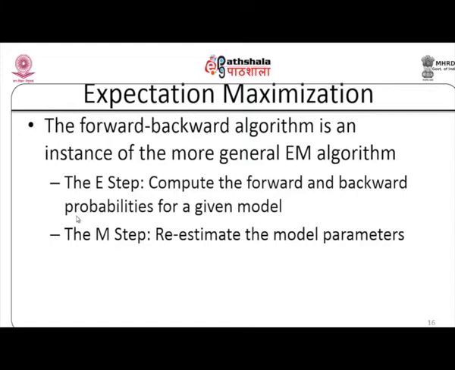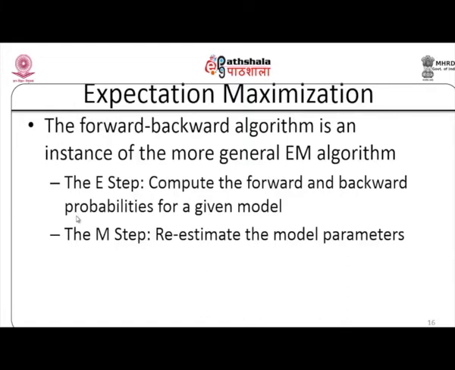Now, we are looking at how the EM algorithm is used for finding the model parameters of the hidden Markov model. So, the forward backward algorithm we used is an expectation maximization algorithm, but an instance of the more general type.